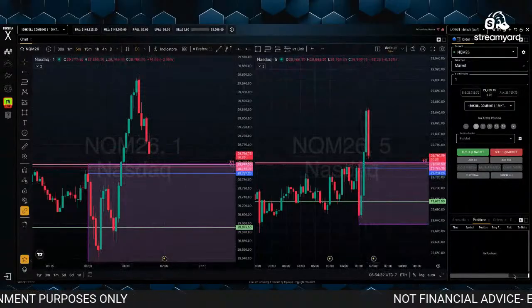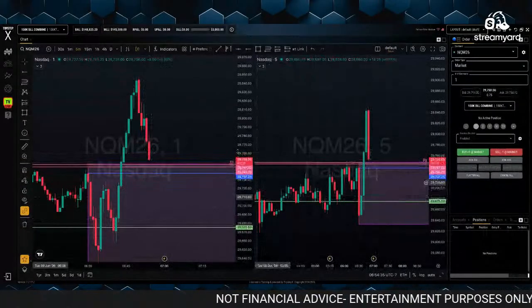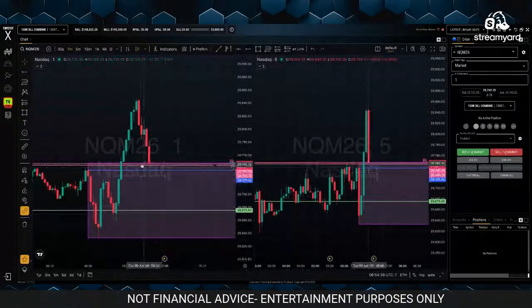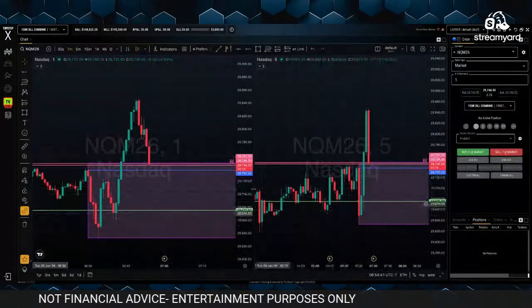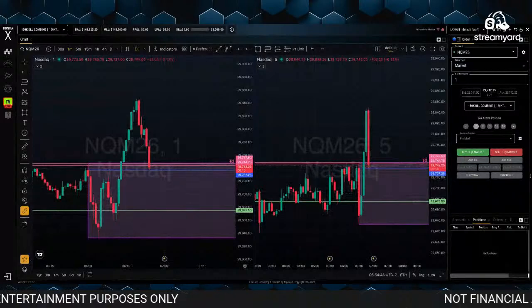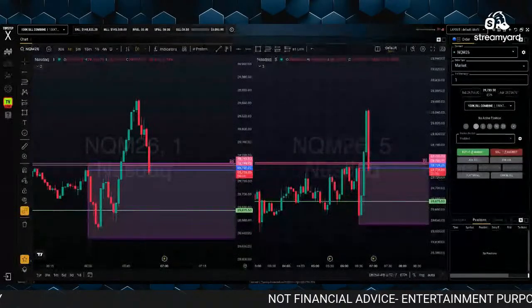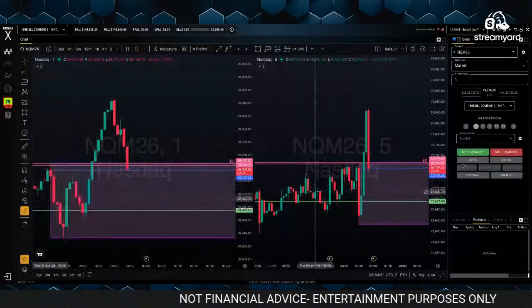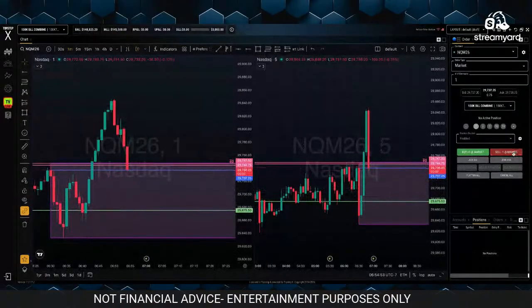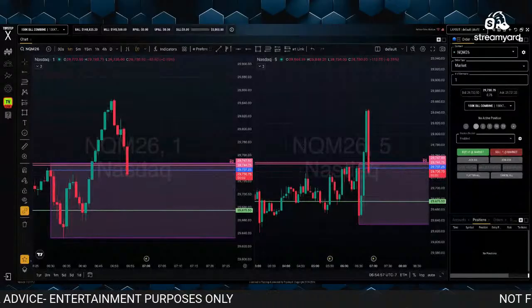I'm just going to keep an eye and be careful. I'm not too eager to buy for it to go up just because this is very strong. So I think I'm going to try a short here, see if it can give it to me. It's already just going.